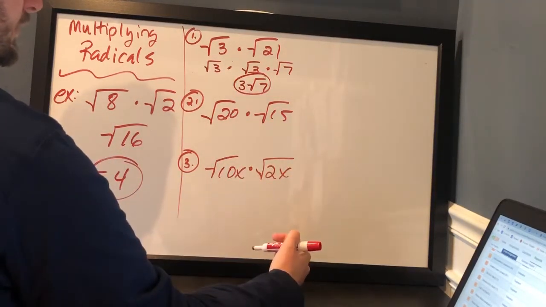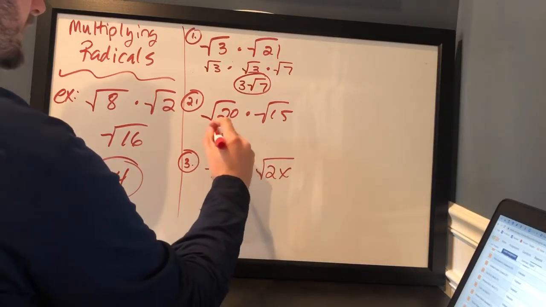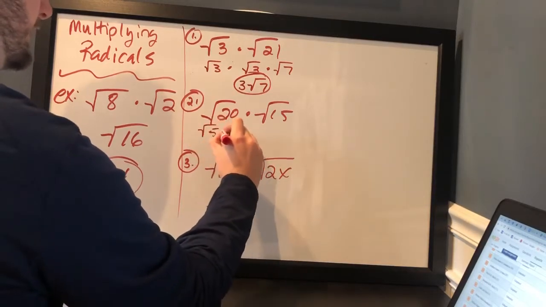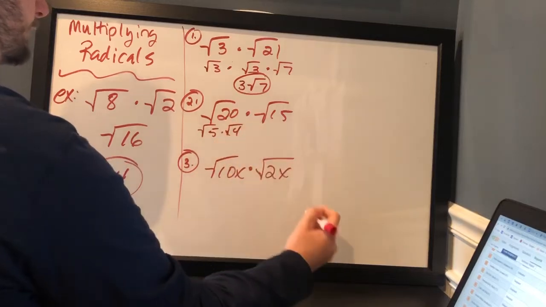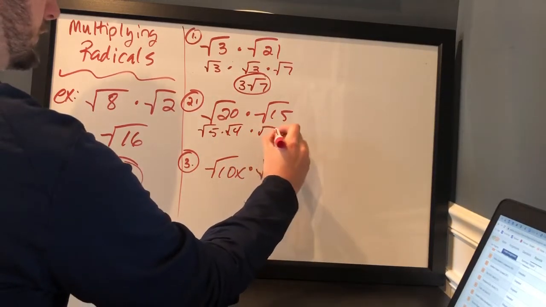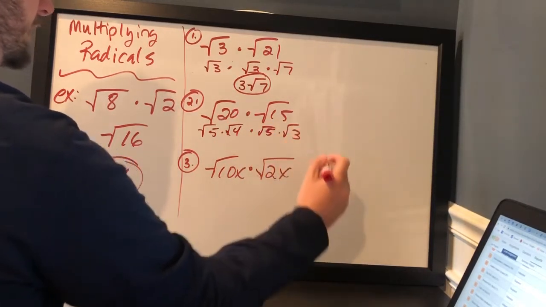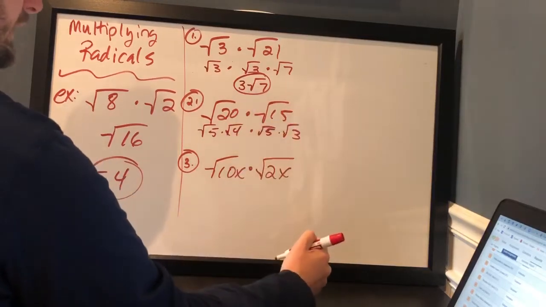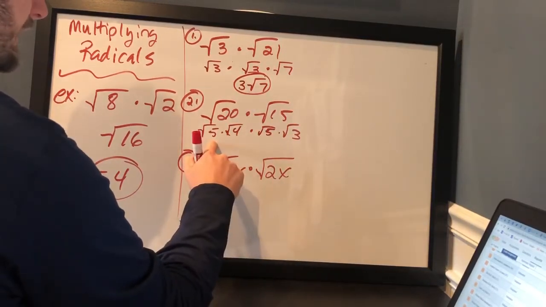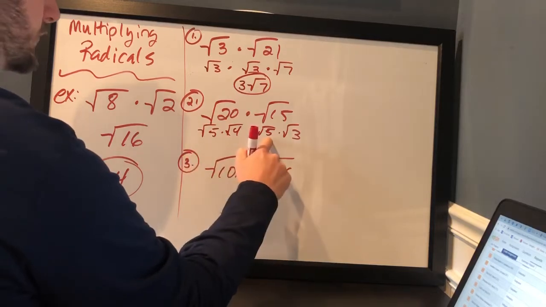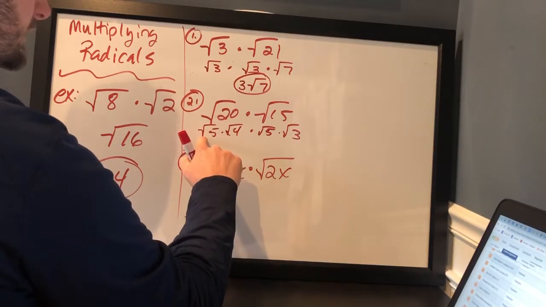All right? Okay, same thing here. Now there's a few more things you can do. I'm going to break this up into the square root of 5 times the square root of 4 times the square root of 5 times the square root of 3 because of this, right? All right, square root of 5 isn't a perfect square, but square root of 5 and square root of 5, these cancel.